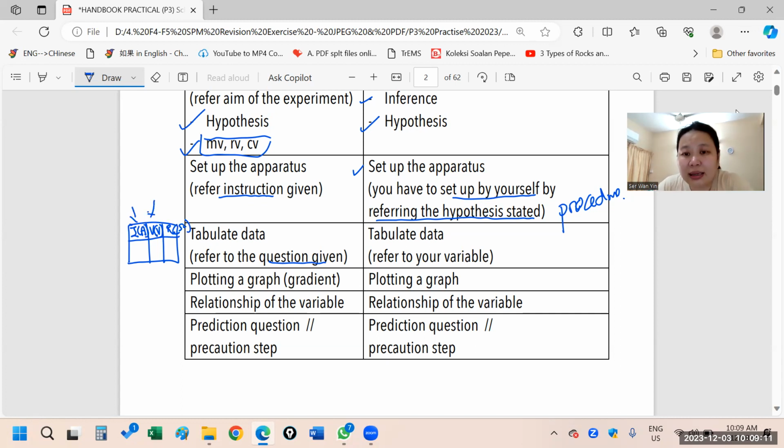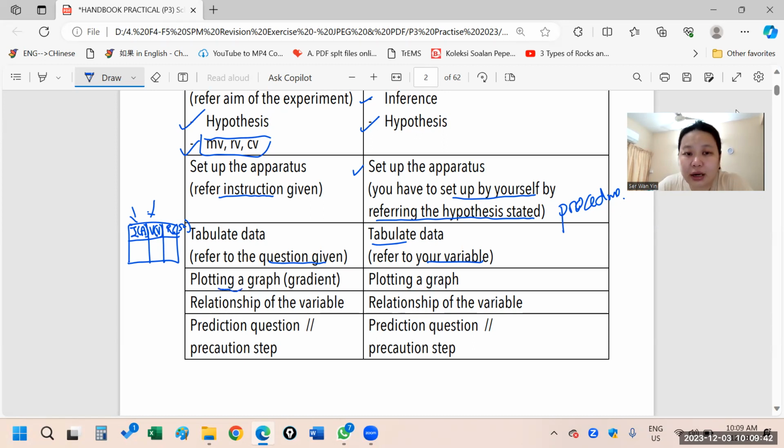For physics, most of the time, they require you to draw the table yourself. Okay? But I believe that you all from Form 4 to Form 5, luckily no MCO, you all did many experiments and tabulated so many experiments already. So you all no problem.